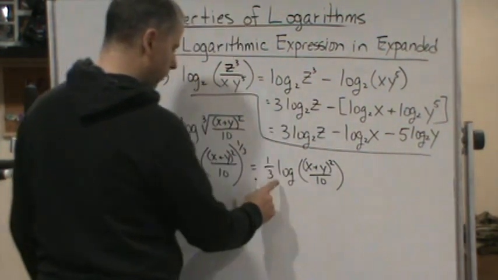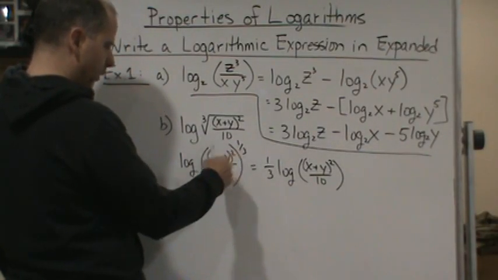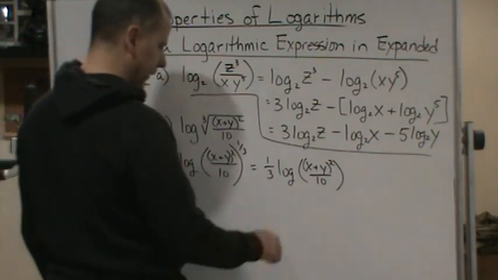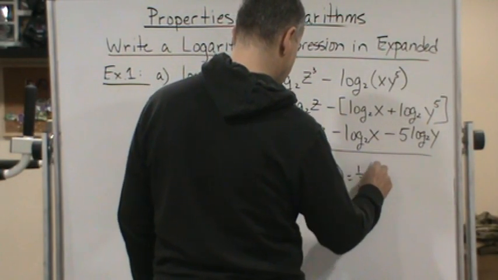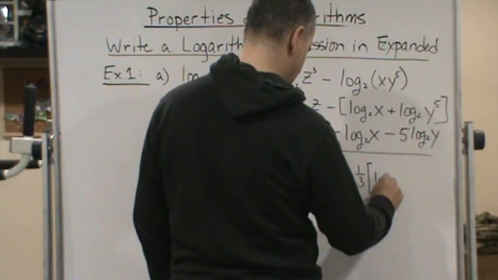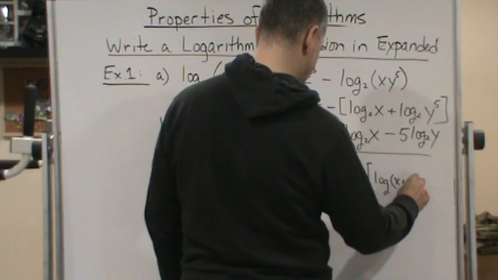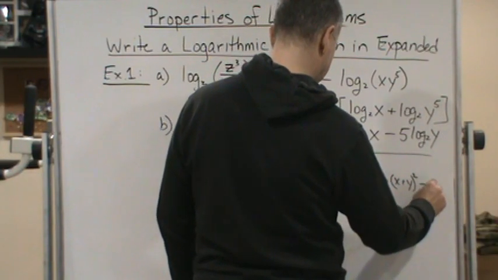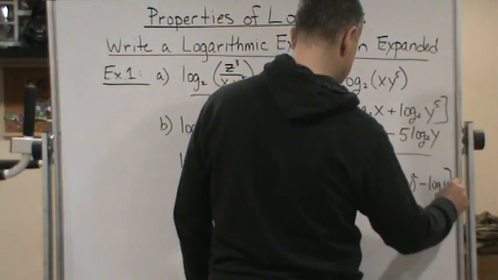Now I could avoid that by just distributing using the power of exponents here, but that's okay. So let's do this. So now this is going to be 1/3 times, now this inside is going to become log of x plus y quantity squared minus log of 10.